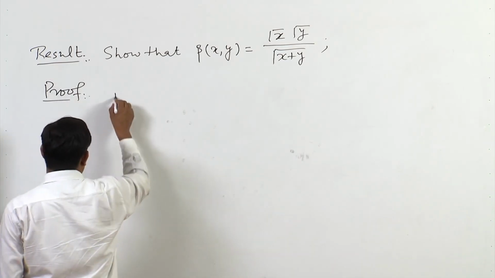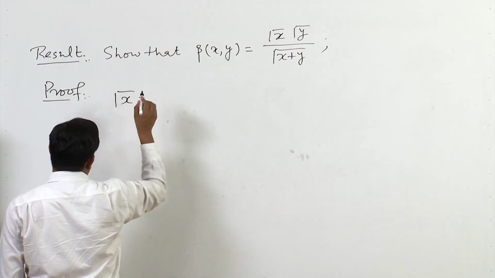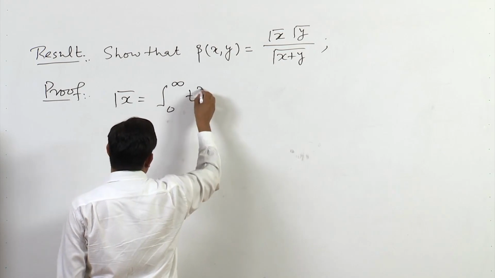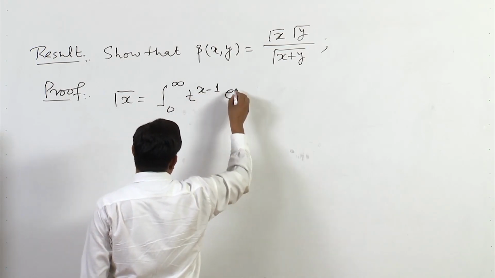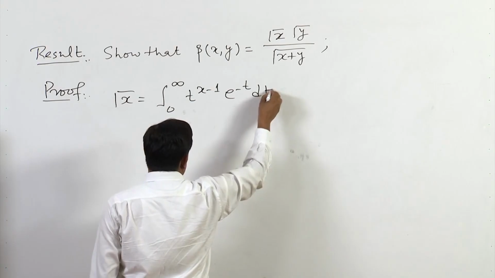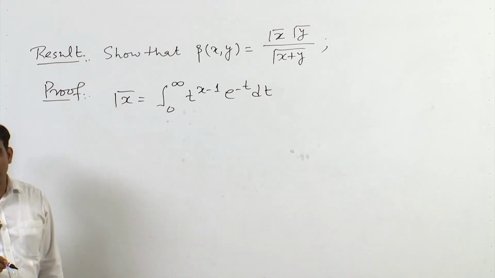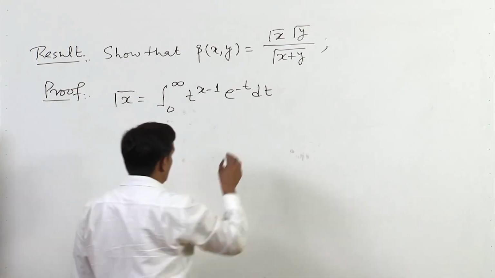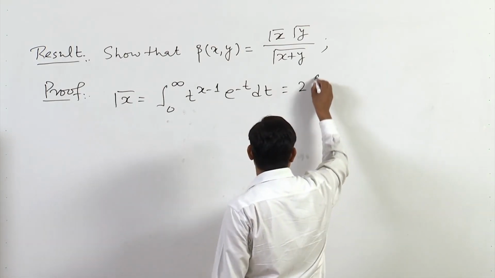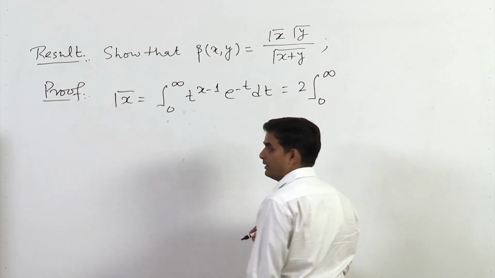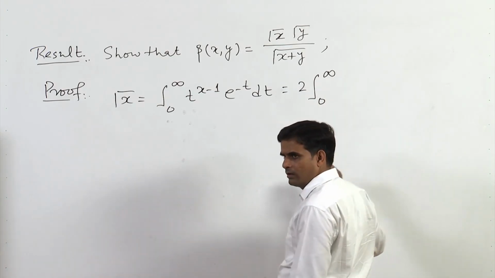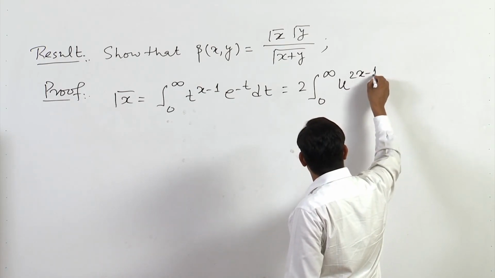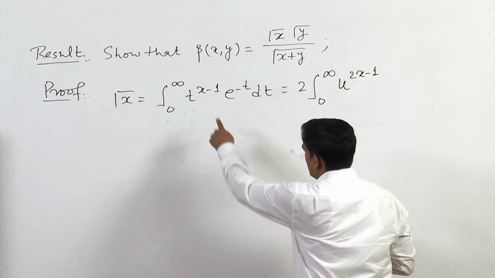So, we know that gamma x can be defined as the integral from 0 to infinity of t raised to power x minus 1, e raised to power minus t dt. And if I substitute t equals u square, then I will get 2 times the integral from 0 to infinity of u raised to power 2x minus 1, because t is u square.